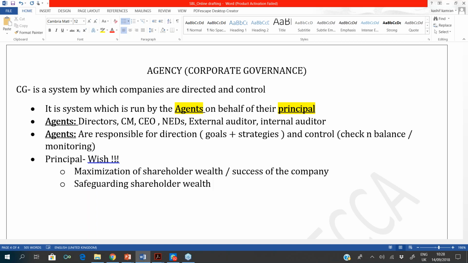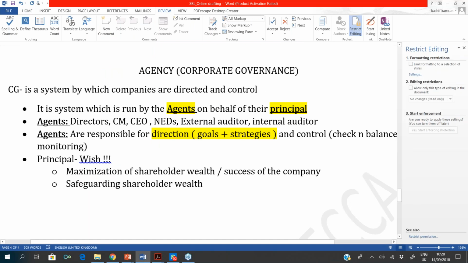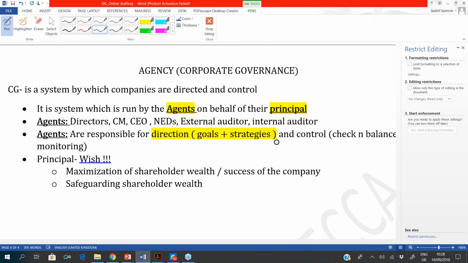There should not be any fraud in the company. So see the agents. What are the agents doing? The agents are working for direction. And what is the direction giving them? The direction is giving them maximizing of the shareholder wealth. The direction is giving them the success of the company.